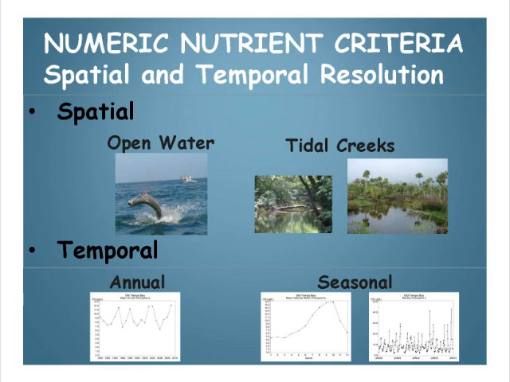That is the fact that another water type was not really well considered during this process, between freshwater criteria, estuary criteria, and coastal criteria that we're not discussing today: our tidal creek systems, of which each of our estuaries has quite an abundant variety.